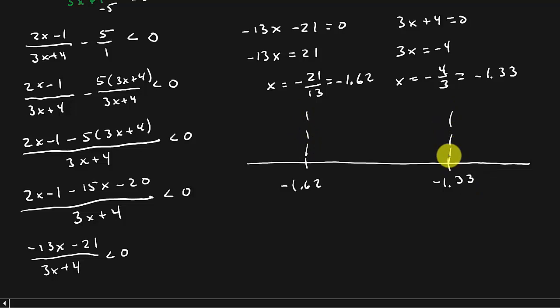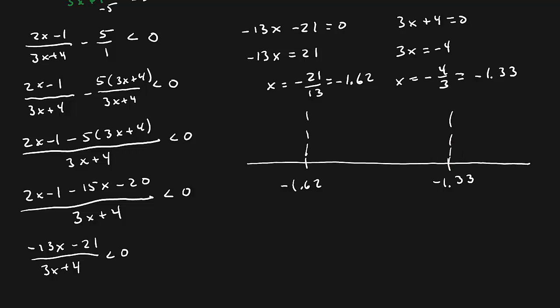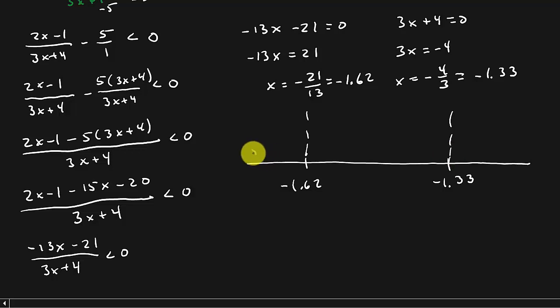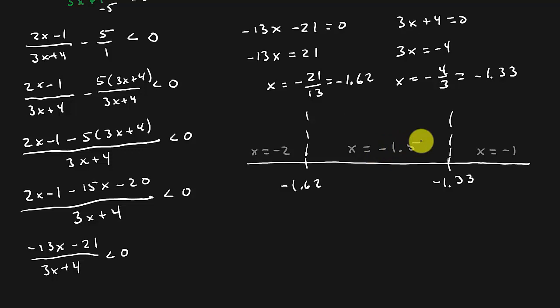And this is going to break it up into 3 regions. So here we can choose x equal negative 2, we can do negative 1, and then here we can do x equal negative 1.5. So you can see this one's a little bit tougher. But let's think about this.